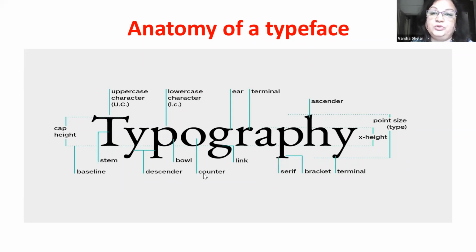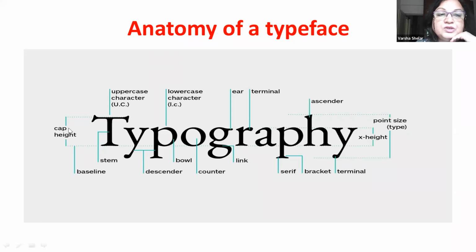So let me take you through this. You see, this is a capital letter, no? The first T. So this T, now the vertical, this is called the cap height, capital letter height, right? And then there are lowercase letters also.